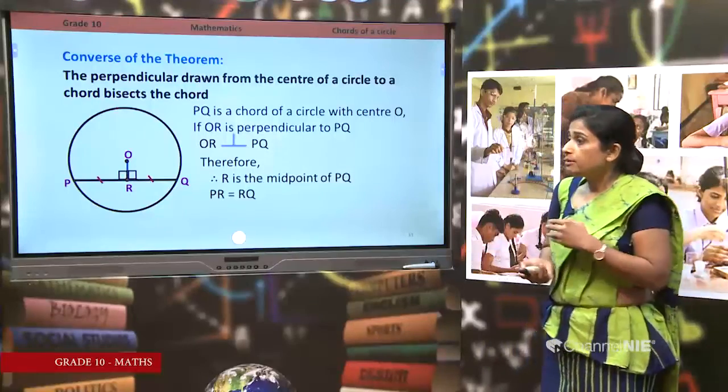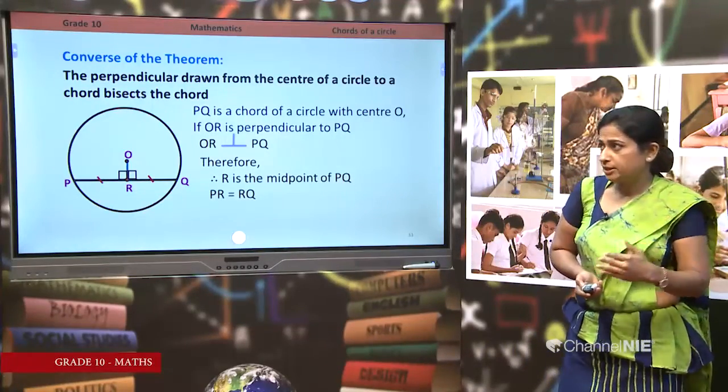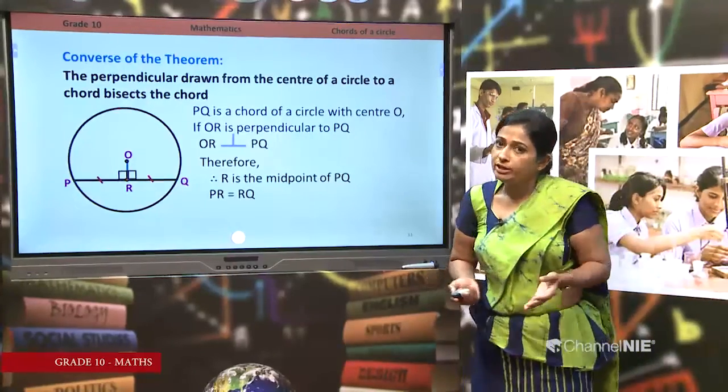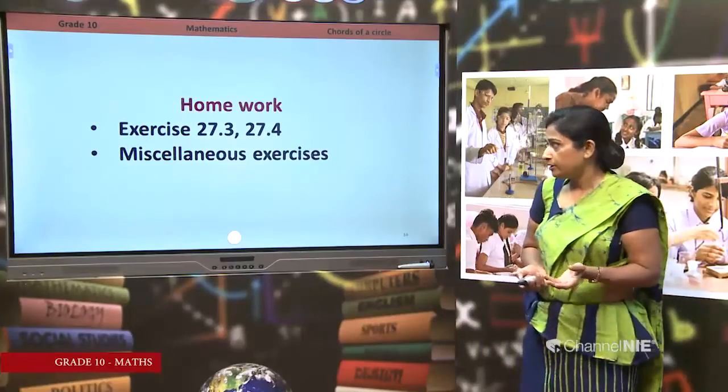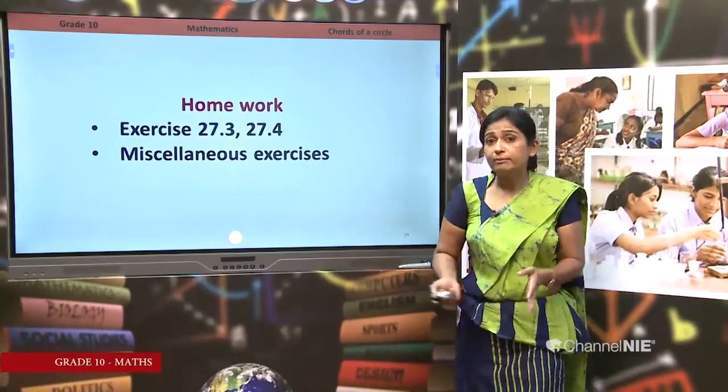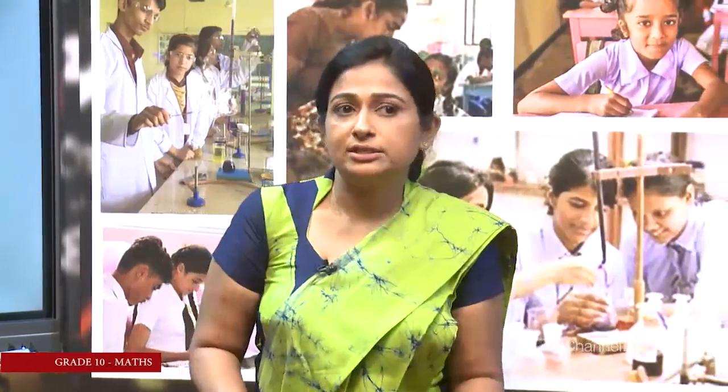Then you have to do some homework. What is the homework? I think you have only 3 exercises remaining, 27.3 and 27.4, and the miscellaneous exercise. You have to do those as homework, and you should do extra sums from other activity books, and you can do more and more sums to practice well.